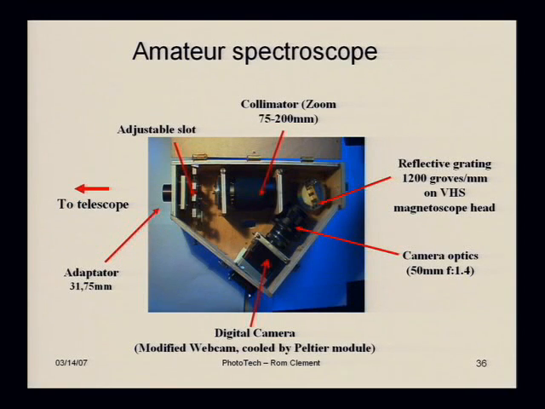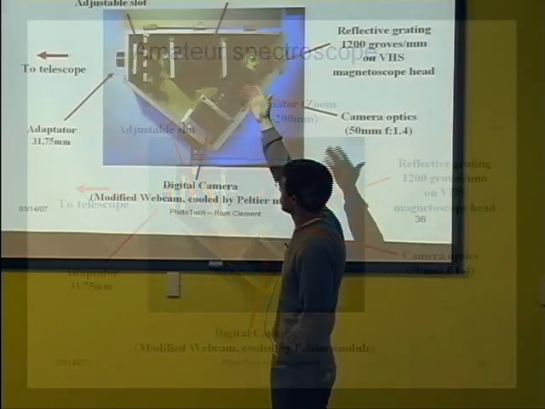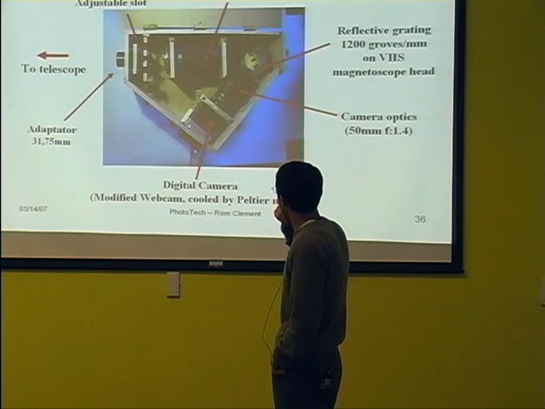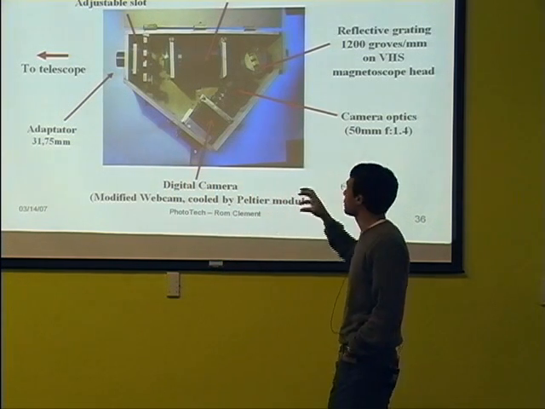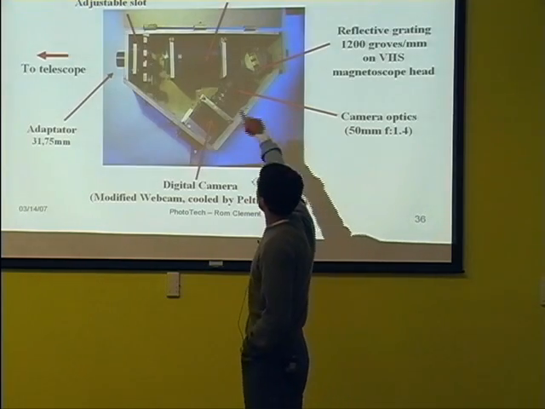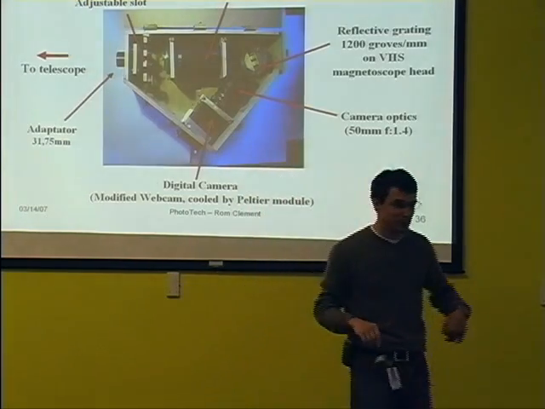So this is an example of a spectroscope that I made a couple of years ago. It's for a telescope, so you put this at the back of the telescope. I was using a collimator, which is just a zoom lens, to make sure the beam of light is parallel.